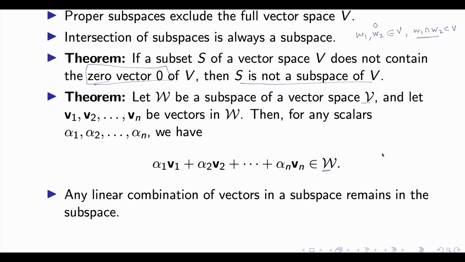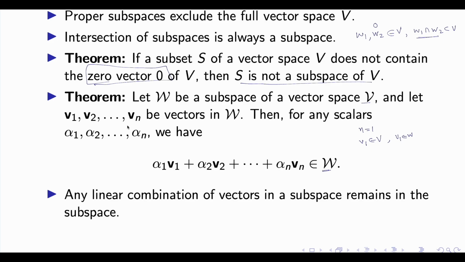So you can see, for example, if I take n equal to 1, what happens? Only V1 belongs to W. Let W be a subspace of the vector space, and let V1 belong to W. This is given.